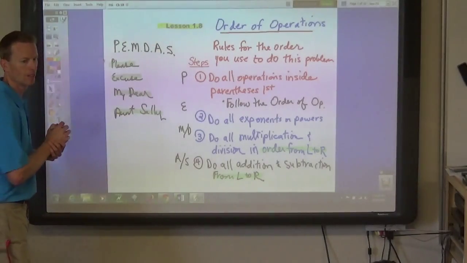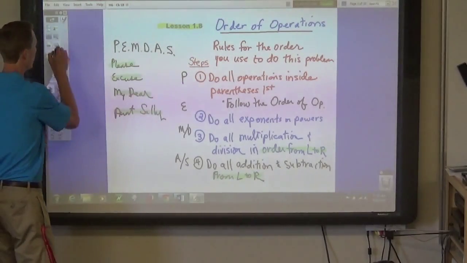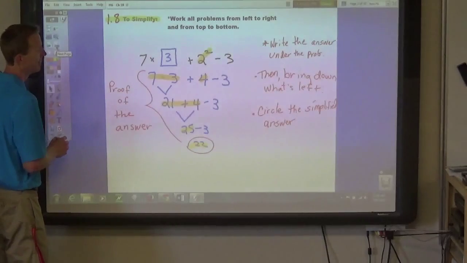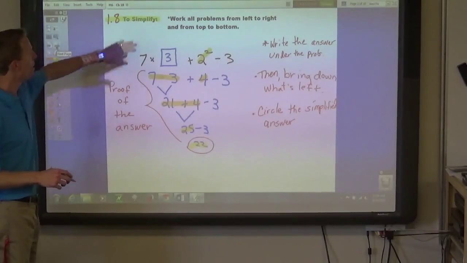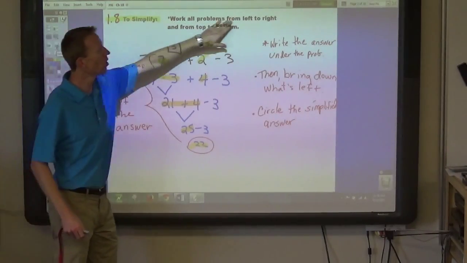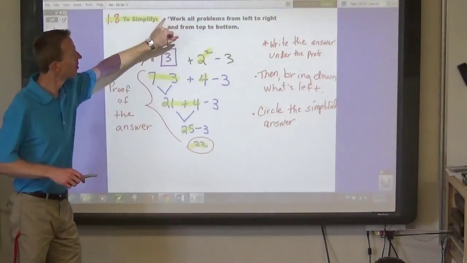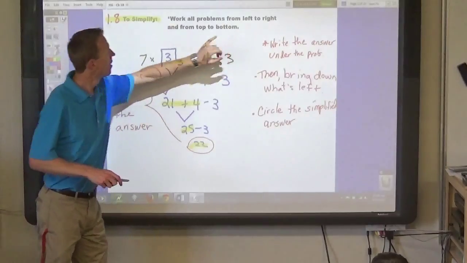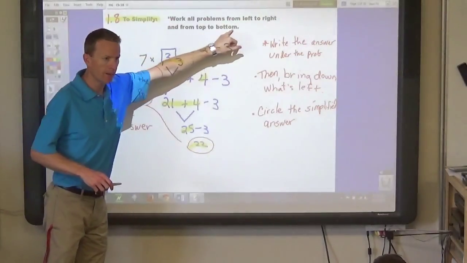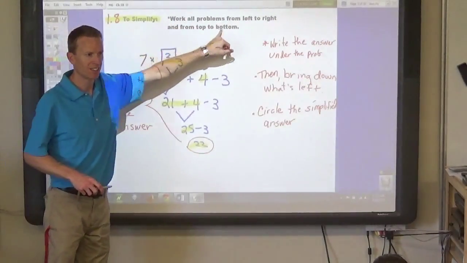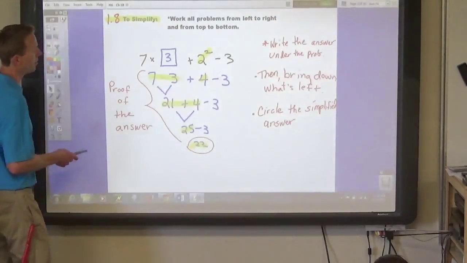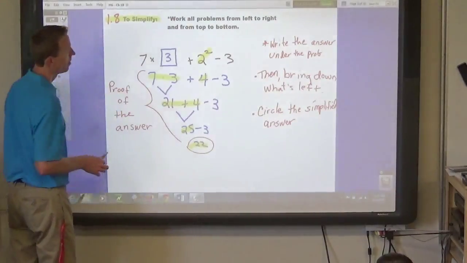Okay. We're going to dive deeper. Look what it says. Work all problems from left to right. And from top to bottom. So look at this example.